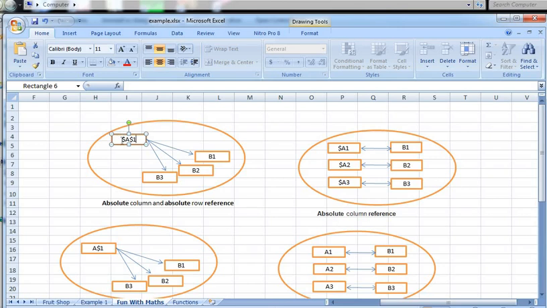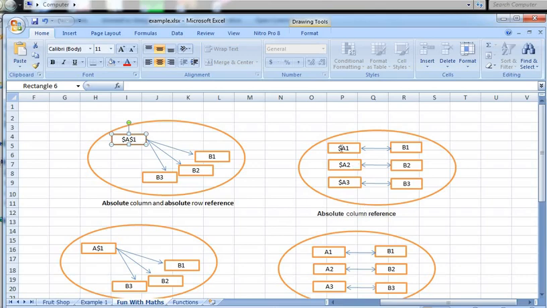So it will be absolute A1 with relative B1, absolute A1 with B2, absolute A1 with B3. This scenario.